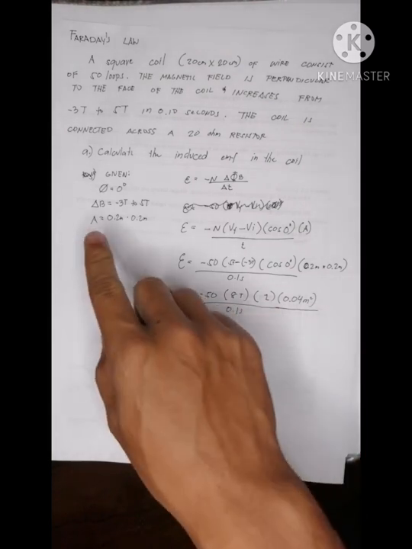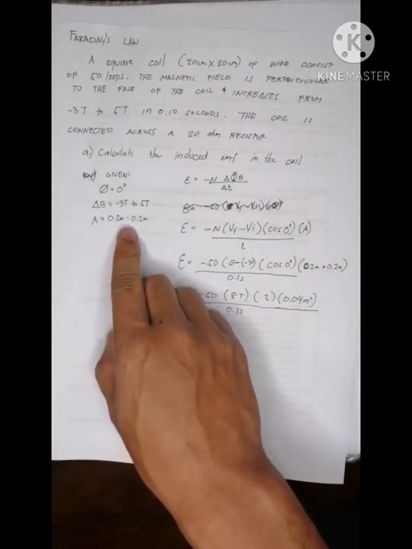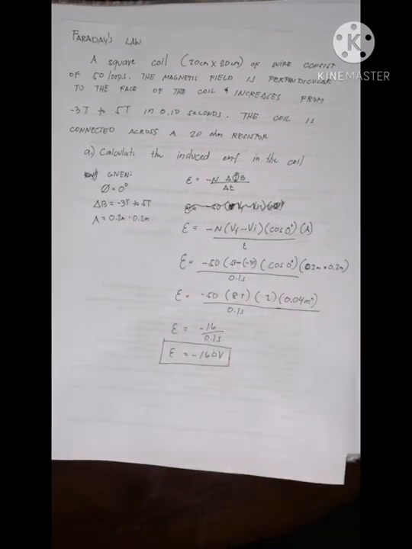Next, our area is 0.2 meter times 0.2 meter.